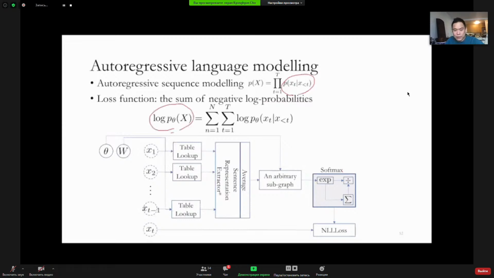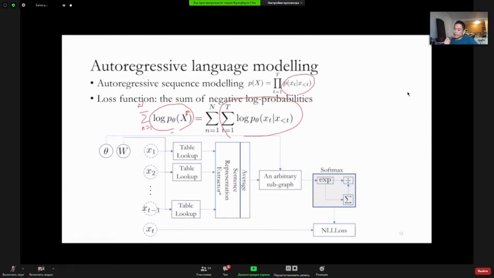The log probability of a sentence can be written as the sum of the log probability of the correct output category, that is the word, given all the previous tokens. There is a prefix sequence, and then it is just a sum over all the tokens.